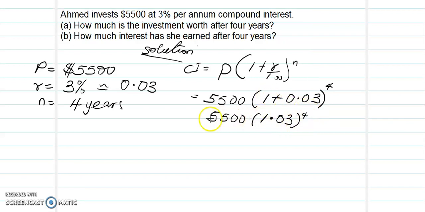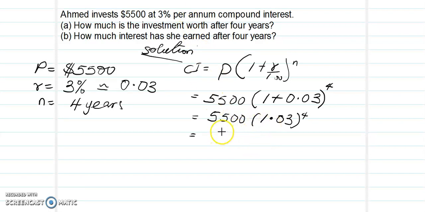Okay, so we look for 1.03 power 4, so use your calculator. As I said, the student must know how to make use of the power key in the calculator. Use your calculator, find this, and multiply by 5,500. What do you have?